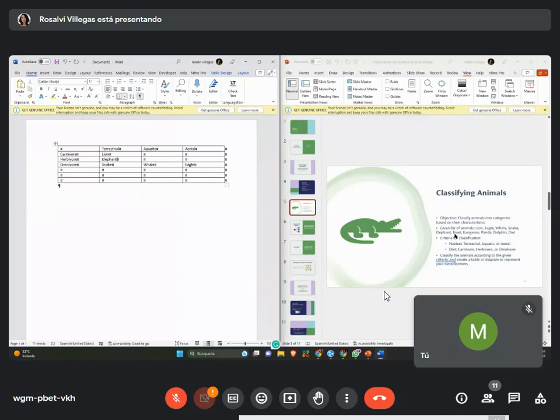The trout will be aquatic. I don't really know about the habits of the trout. Maybe it eats other fish, so let's put it better in omnivore. Aquatic along with the whale. I think that it also eats small fish. Right? So I think this is the best place to place it, omnivore and aquatic.